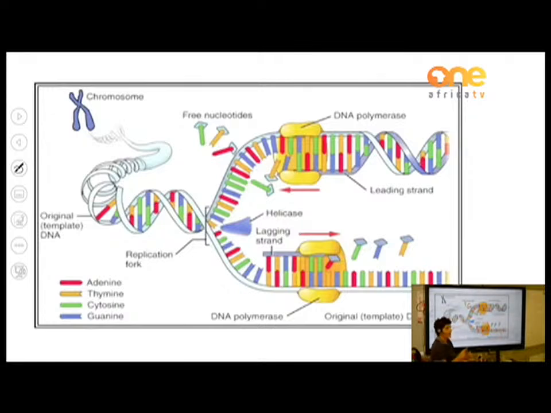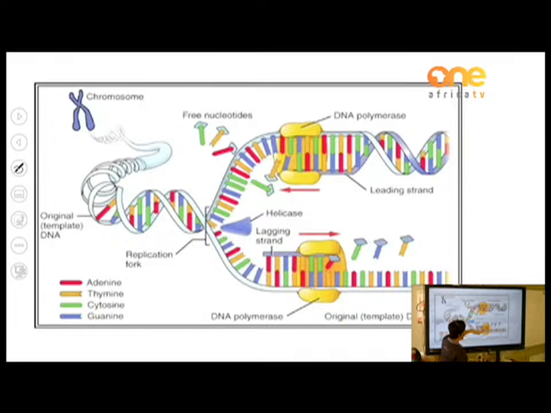What will happen? The DNA will unwind, unzip. Helicase will be the enzyme for unzipping. Remember, there's a mistake in the textbook. So unzipping. Then the loose nucleotides. A nucleotide consists of a phosphate group, a sugar, and a nitrogenous base, which will attach and form a complementary string.